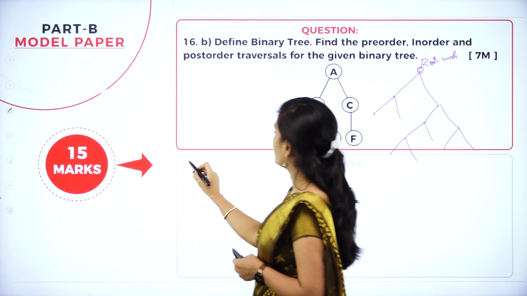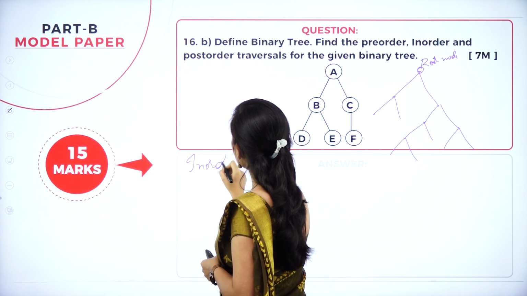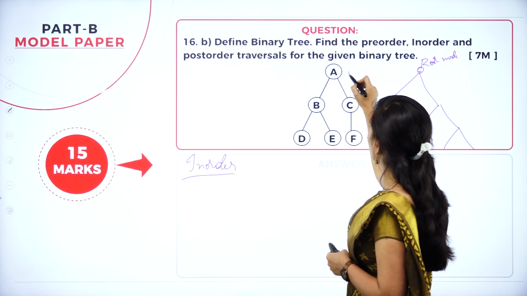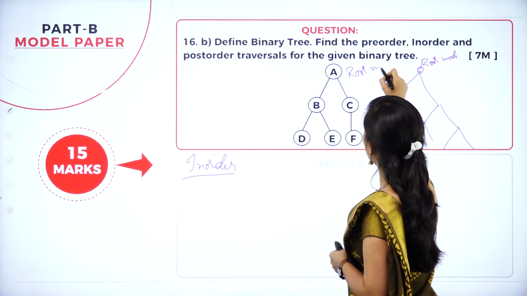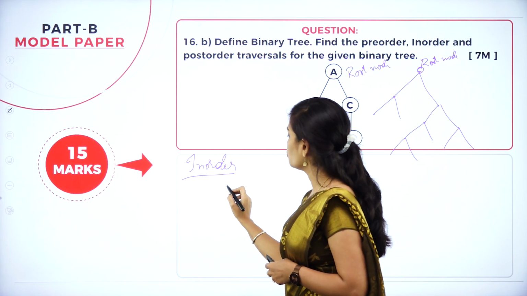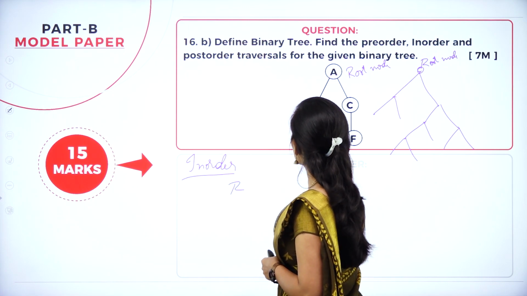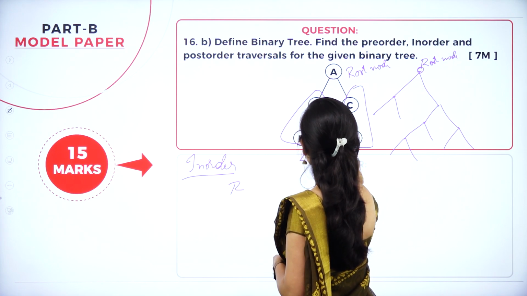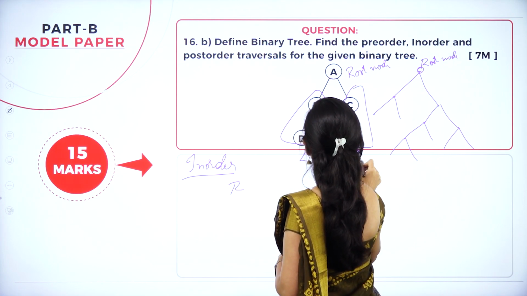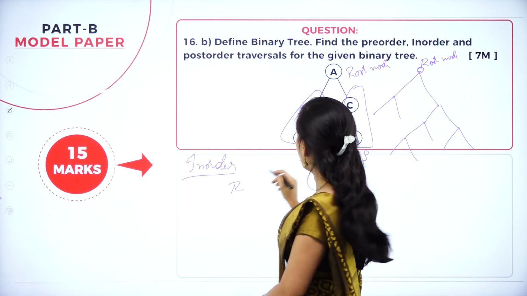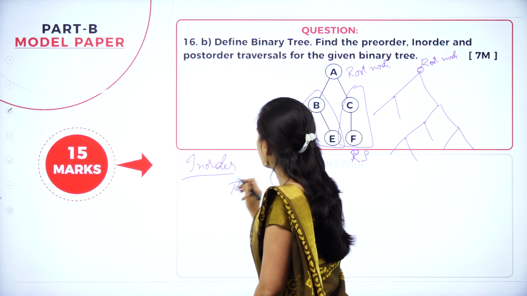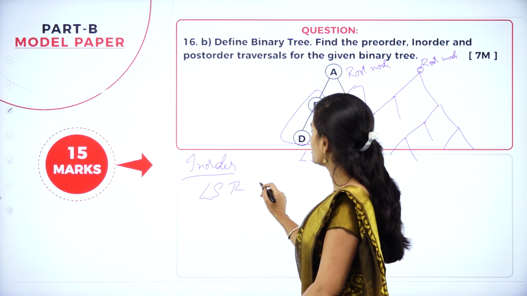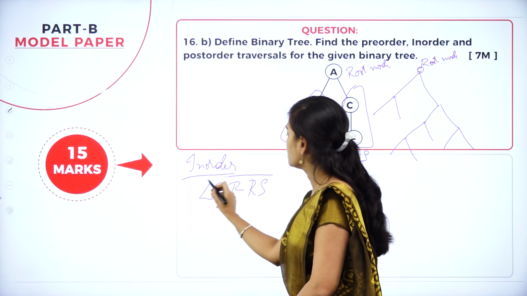So now I'll find out in-order. In-order means the root node should be in the middle. So root node first, and this is called the left subtree and this is the right subtree. Clear? And here the left subtree has to come in the first position, root node in the second position and right subtree in the third position.